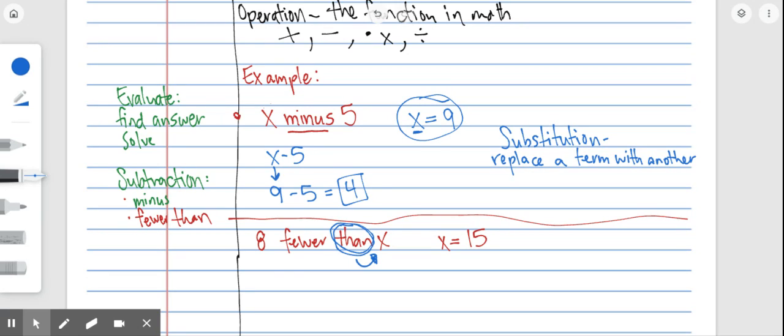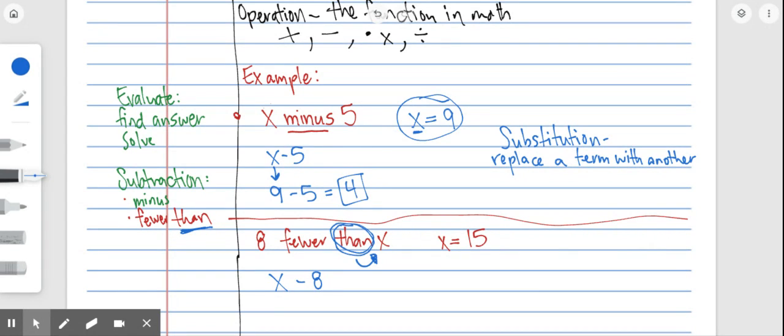So you start with x on this one, and then you subtract 8. On the previous one, you kept it in the same order because it didn't say the word than. So than is a key word that tells you to flip the order.